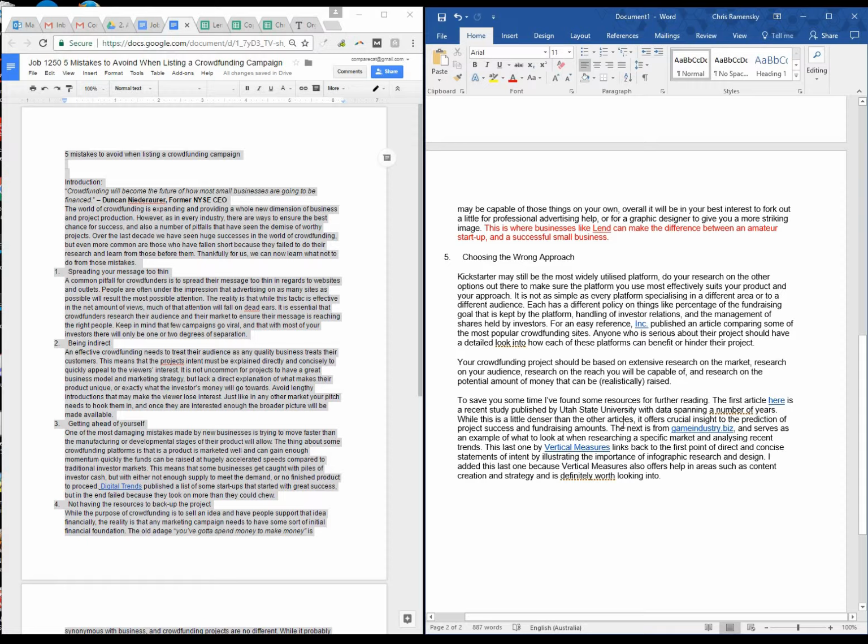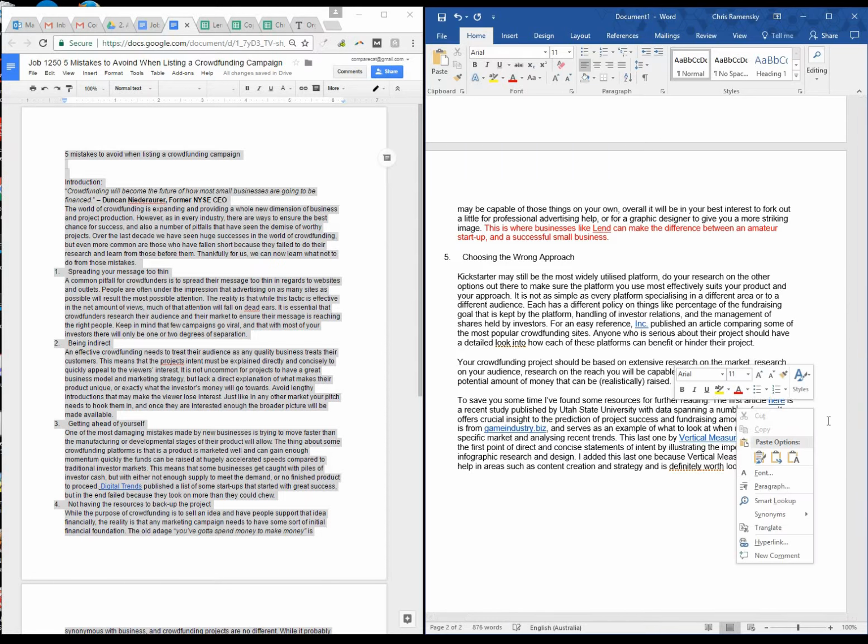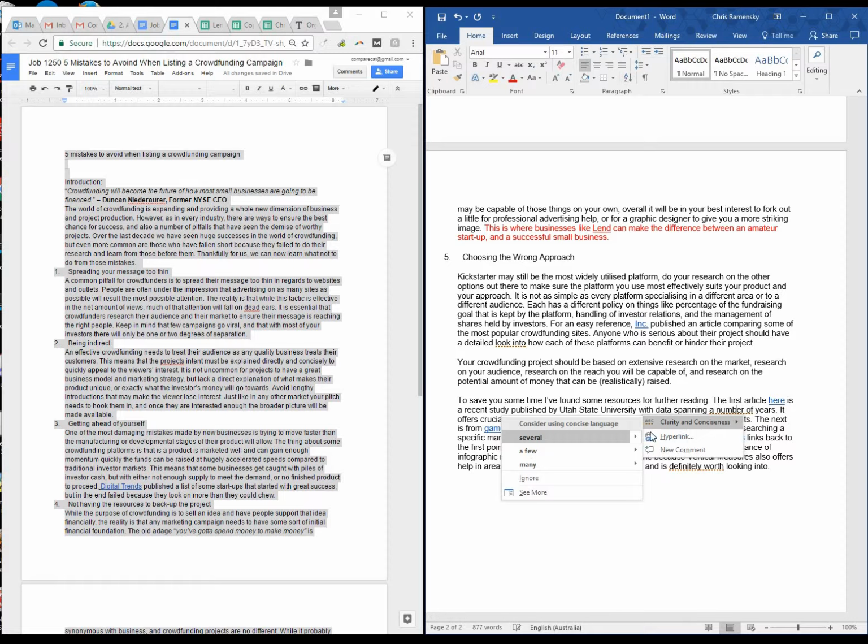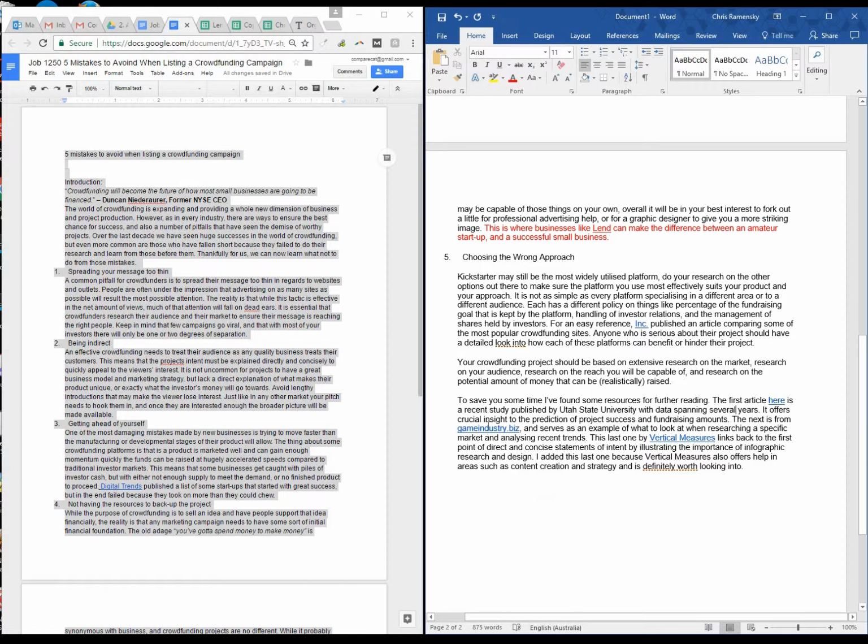While it's a little denser, that's fine, we don't need to apologize. It offers, no, there is a space there, and this is probably going to say several years. It offers crucial insight to the prediction of a project's success.